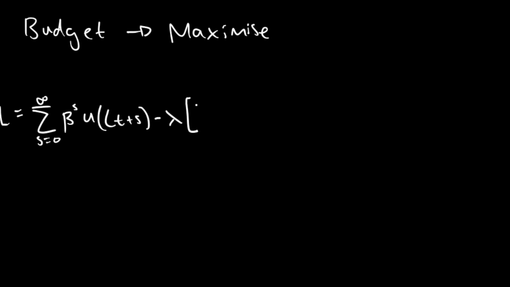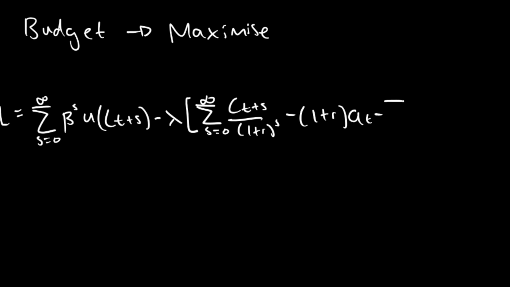But what we'll use is our constraint. Insert our constraint right here, which, if you recall, looked something like this. Income discounted by rate of return. And this is our Lagrangian.